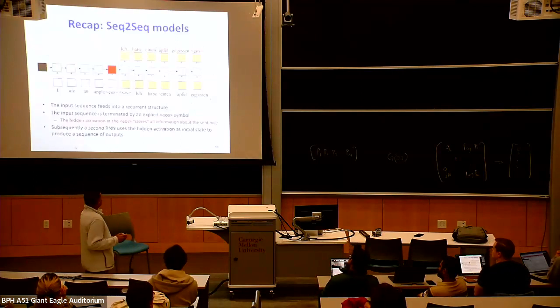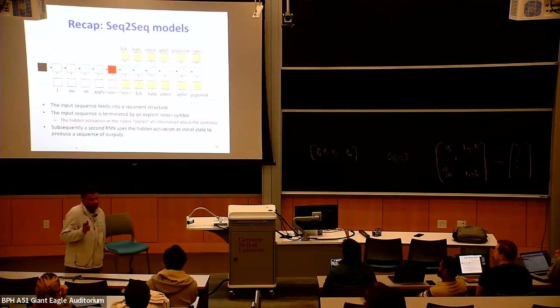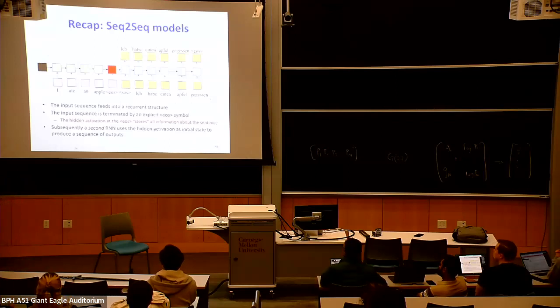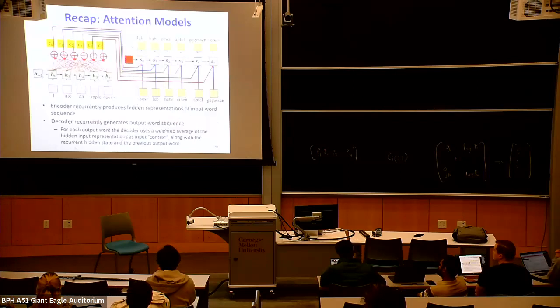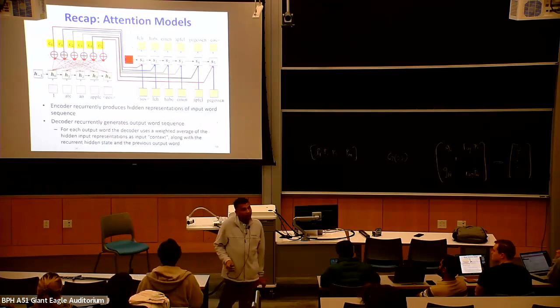Now, this is the recap, right? In the simple translation model, the hidden activation of the end of sequence marker captured all the information about the input. This wasn't so great. So in the attention-based model, we try to pay attention to everything on the input.